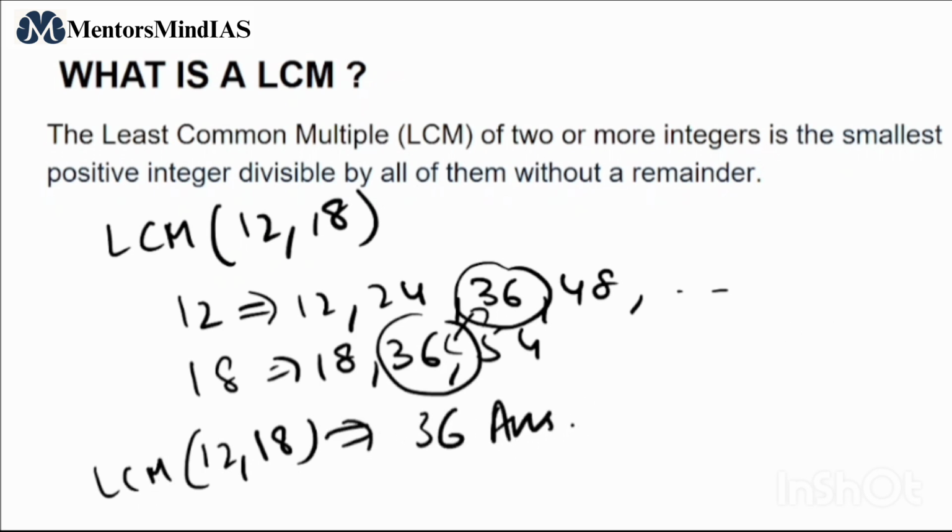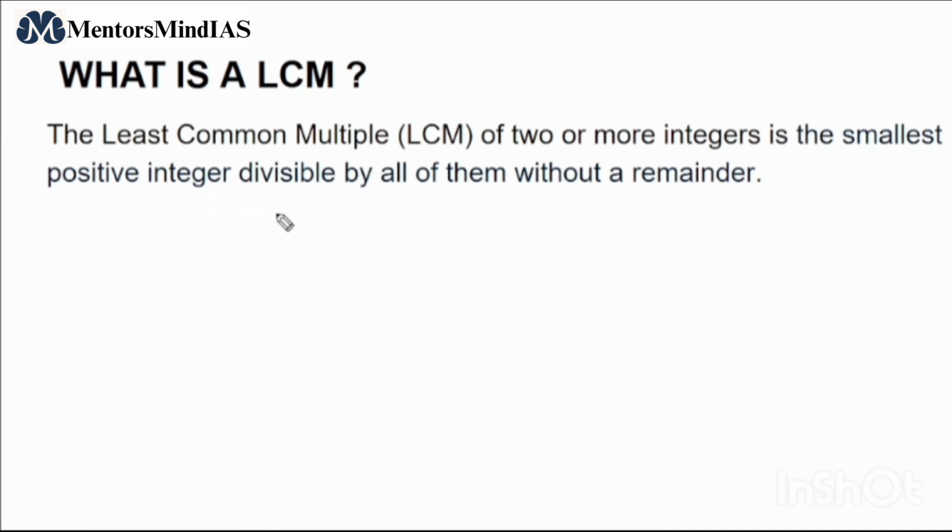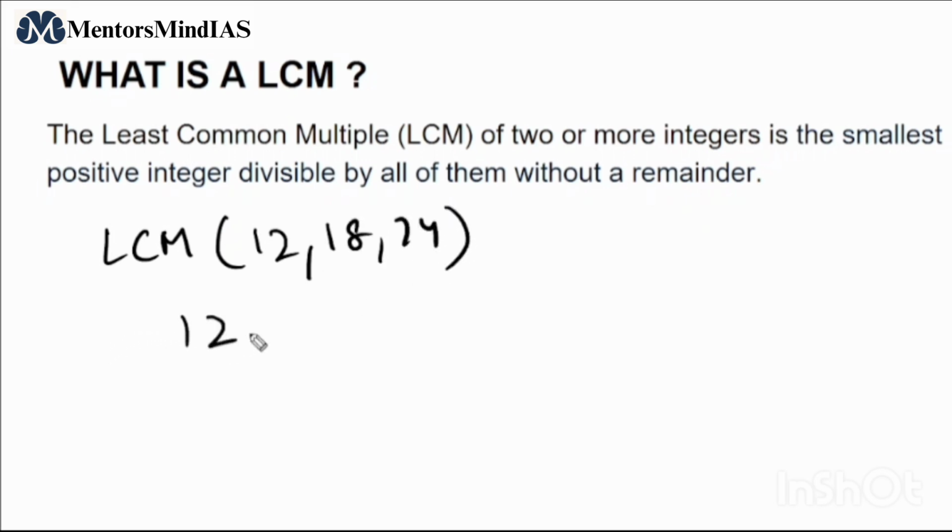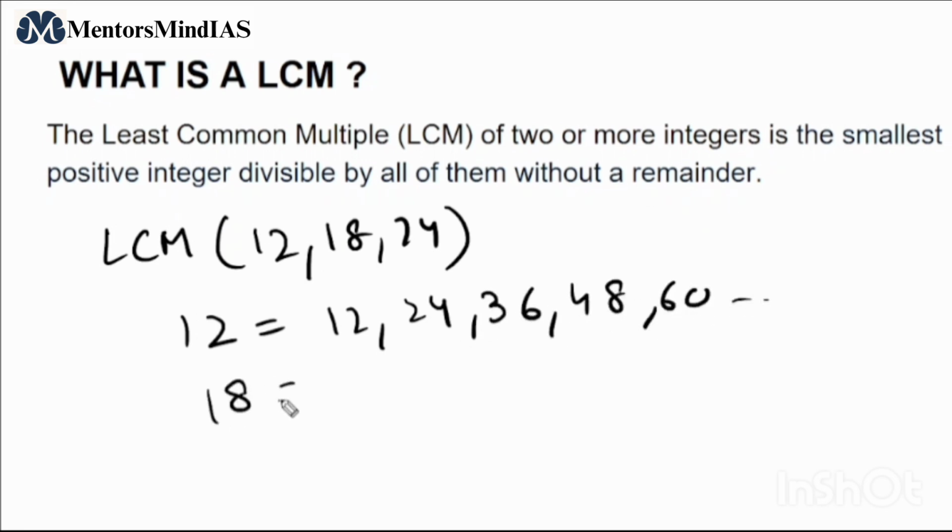In case of three numbers also, the same method will apply. You first list the multiples, say for 12, 18 and 24. For 12, the multiples are 12, 24, 36, 48, 60 and so on. For 18: 18, 36, 54 and so on.